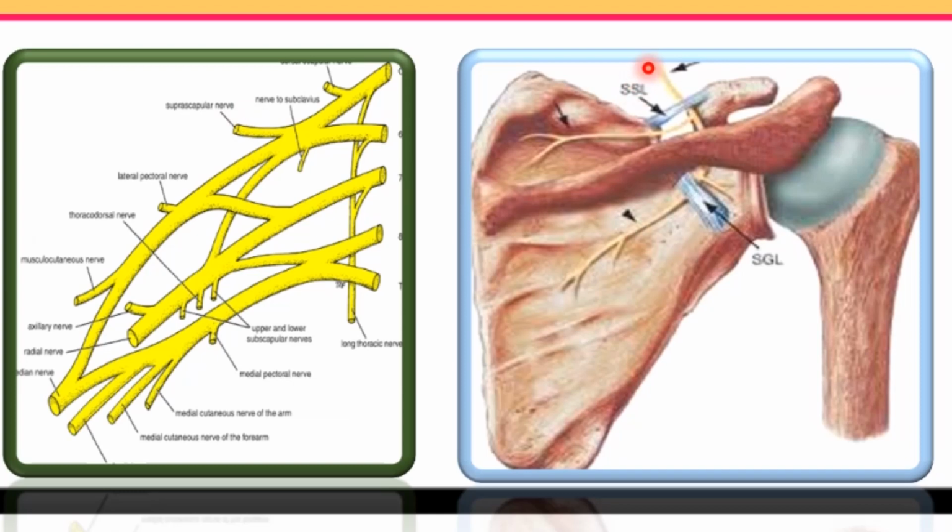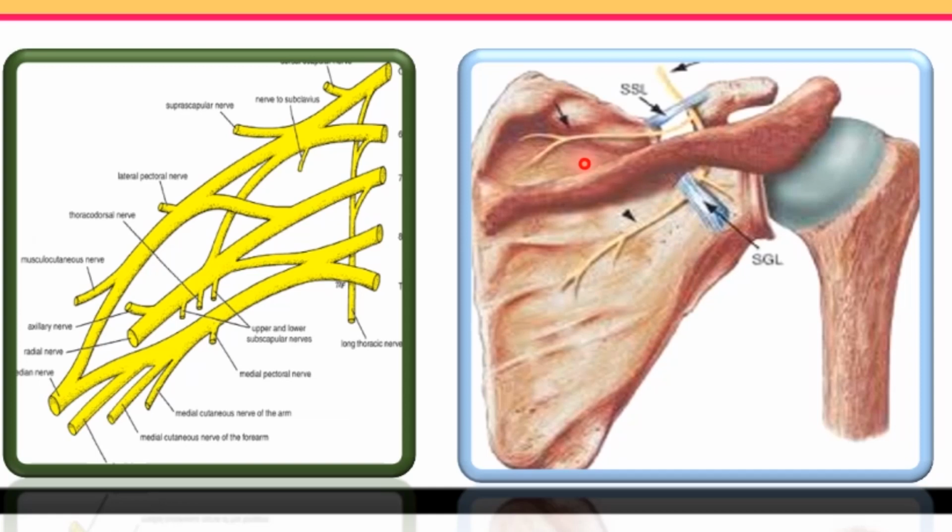By doing so, it will pass through the notch in the superior border of the scapula called the suprascapular notch. With the ligament across it, it will now run through the foramen that is formed, which is called the suprascapular foramen.